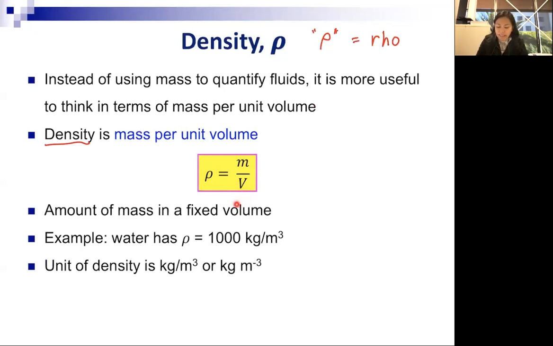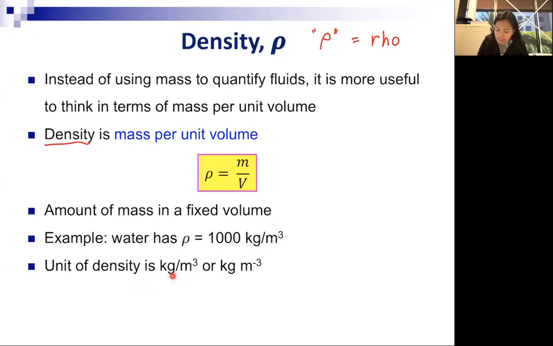An example of density, which is very common, and we will encounter this a lot, so it will be useful to write this down in your formula sheet. If you're making a formula sheet for the exam, it will be useful to write down that the density of water is 1,000 kilograms per cubic meter, which means that in 1 cubic meter of volume, the mass of water contained in that volume is 1,000 kilograms.